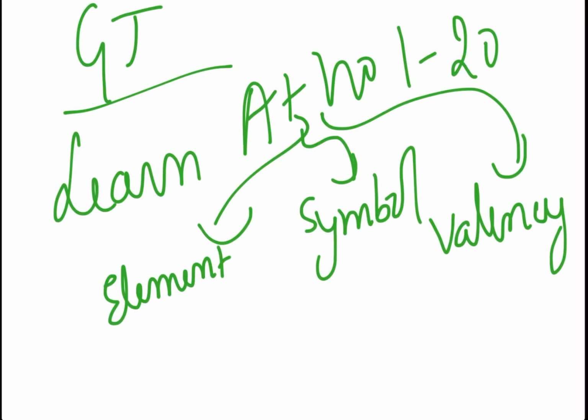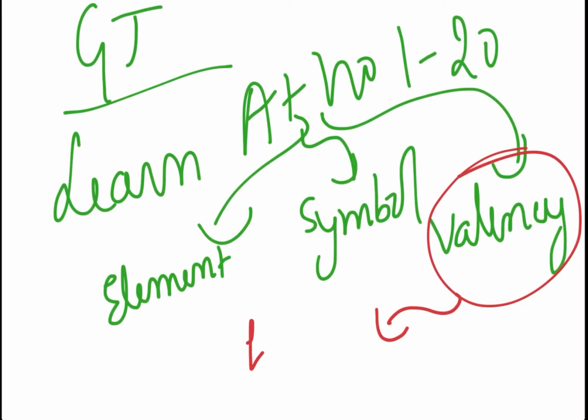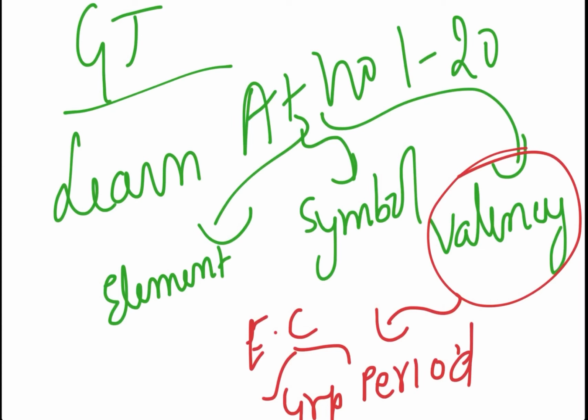Because through the valency and atomic number you will be able to determine its electronic configuration, through which you will get the group of the element and the period, which will be the location in the periodic table. Okay, so these are most important. If you don't know this, you will definitely struggle in the paper.